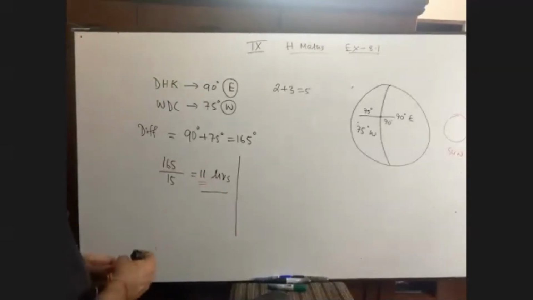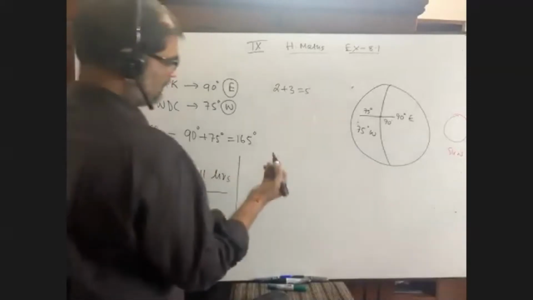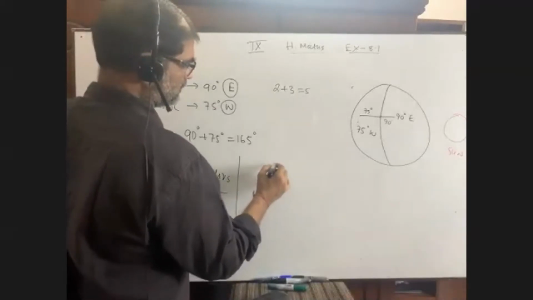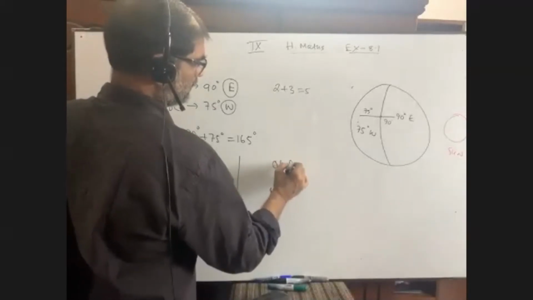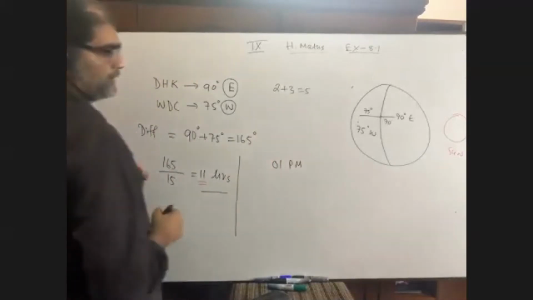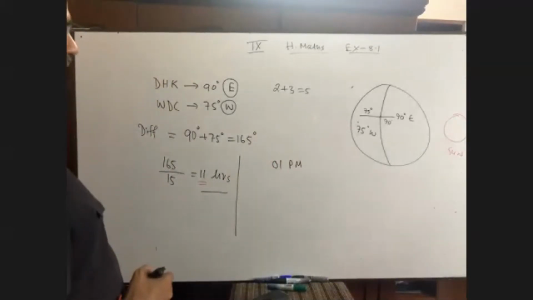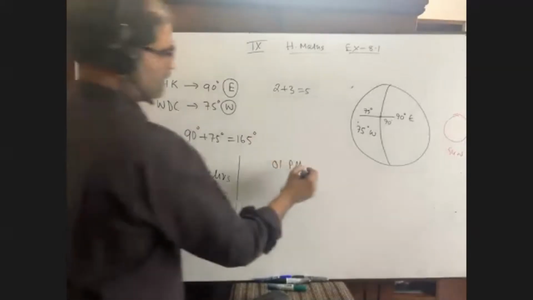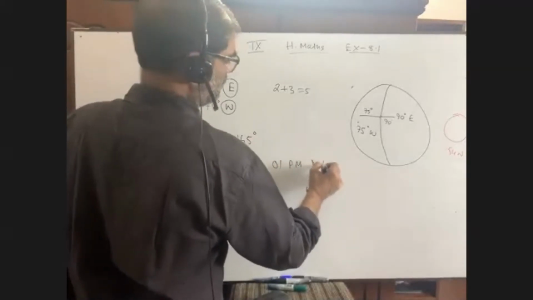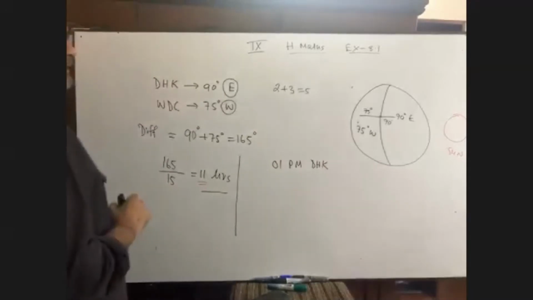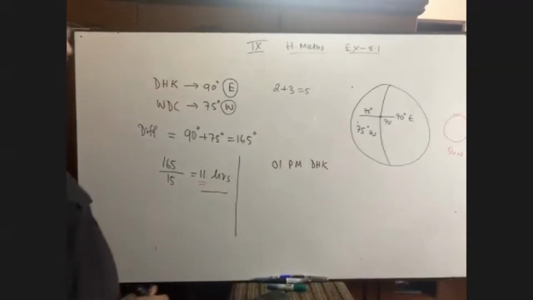That means if suppose now the time is 1 p.m. Okay. Now it is 1 p.m. for Dhaka. Can you please tell me what is the timing now in Washington DC?